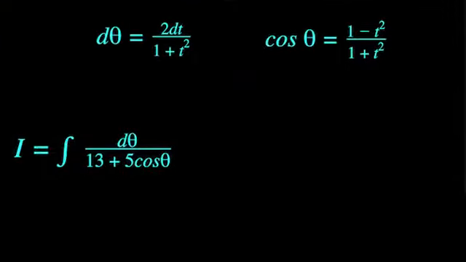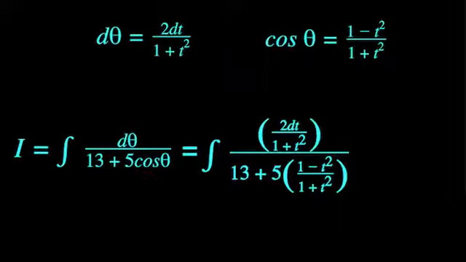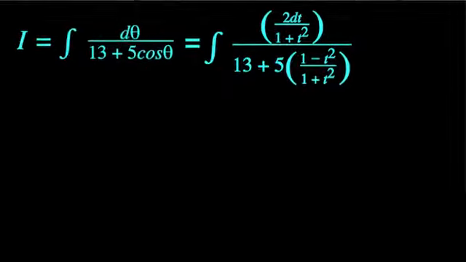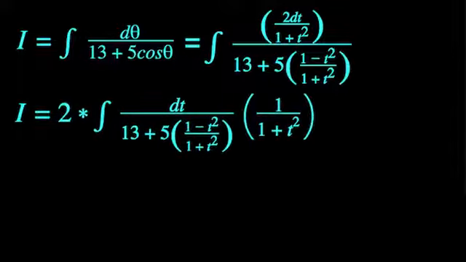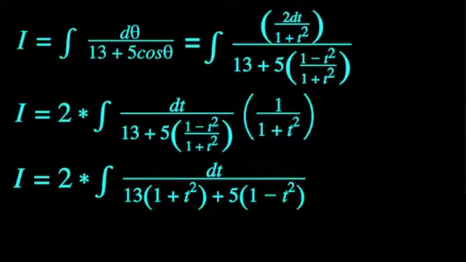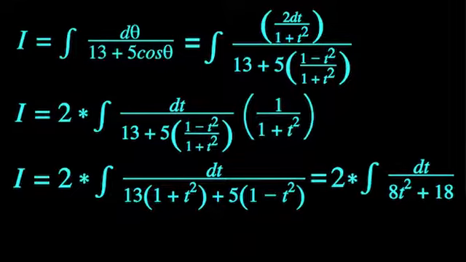Inserting d theta and cosine of theta into the indefinite integral, and boy, this is taking a long time, we get an integral in terms of t. Multiplying the top and bottom by 1 plus t squared, and pulling out the factor of 2, we get a quadratic in the denominator, and simplifying, we get 8t squared plus 18.